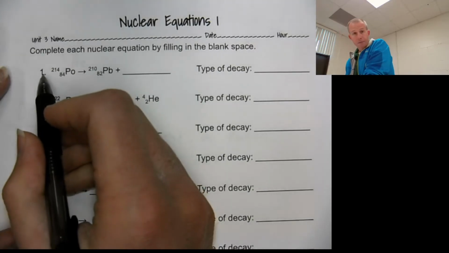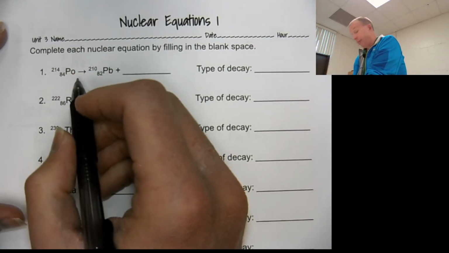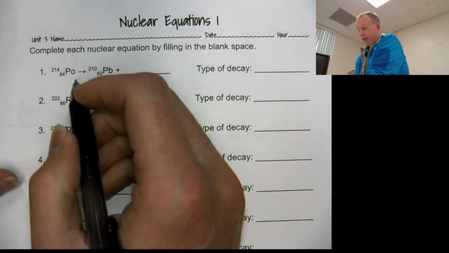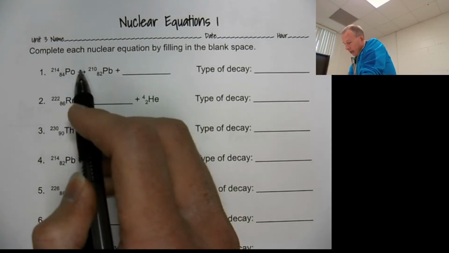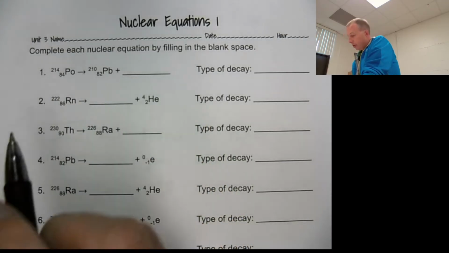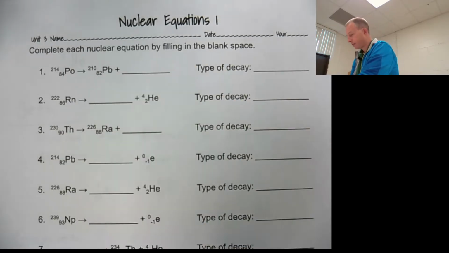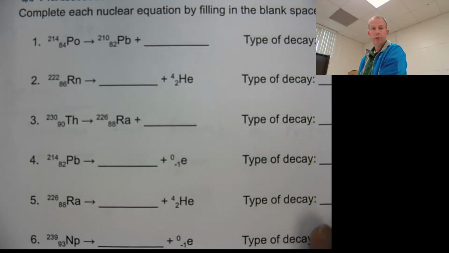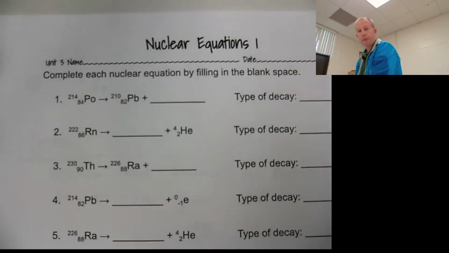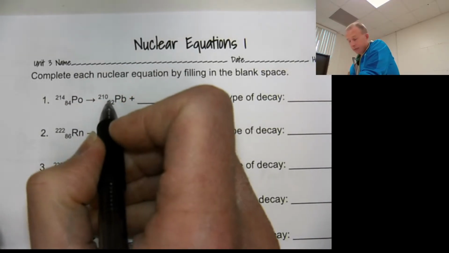So, number one. If you look at number one, you're starting with polonium, and you don't need to worry about what polonium is. All you need to do is compare the mass numbers and the atomic numbers. Clearly, this atomic number went from being 84 to 82.